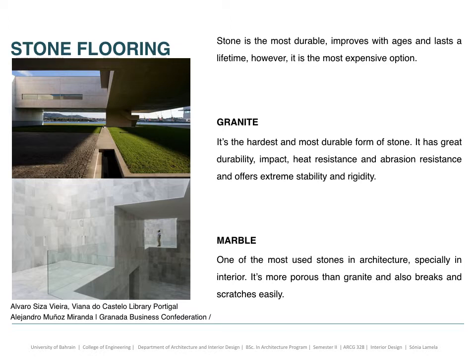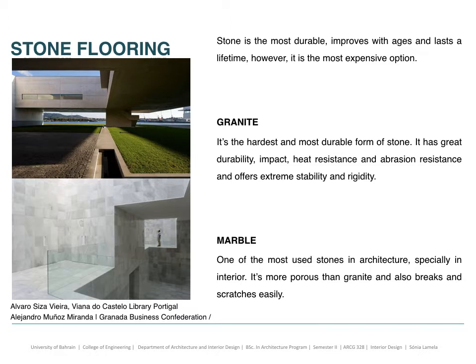Another stone material is marble. It's used especially in interior design projects, but you can see it also in exteriors. It's more porous than granite and also breaks and scratches easily. That's why many times it's not so widely used in flooring.